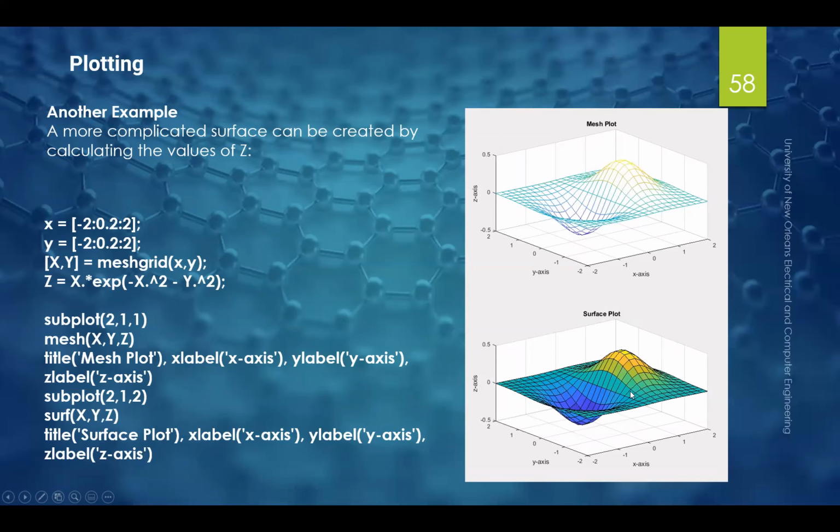And if you use a surface plot, it shades the different cells with different colors. And again, you can define how these colors may look by using the colormap command.